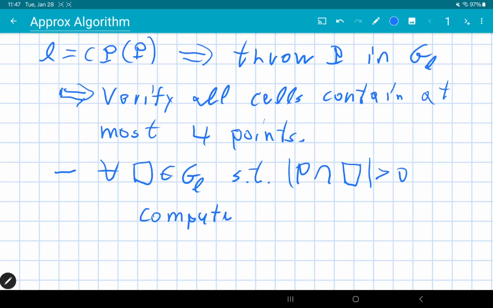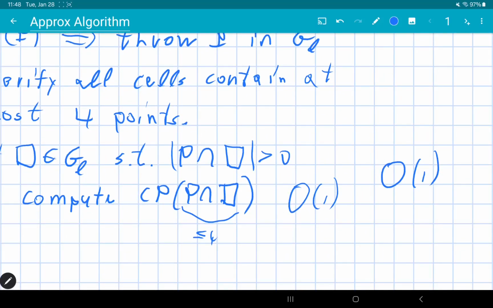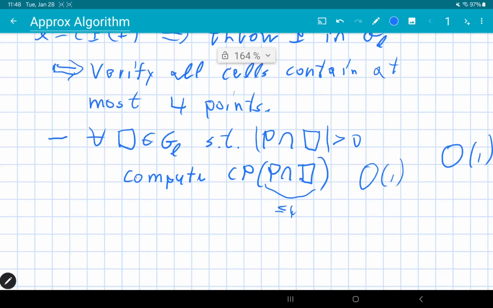So after the first check, you go over all the grid cells again, and you compute by brute force the closest pair distance of the points inside the grid cell. Of course, the naive algorithm just goes over all possible pairs, but since this set size is at most 4, this takes constant time per grid cell. And there are n grid cells, so this would take linear time. Okay. And if any of those distances is smaller than L, we can immediately say no, thank you again, I guess, if we want to be polite, or just no.